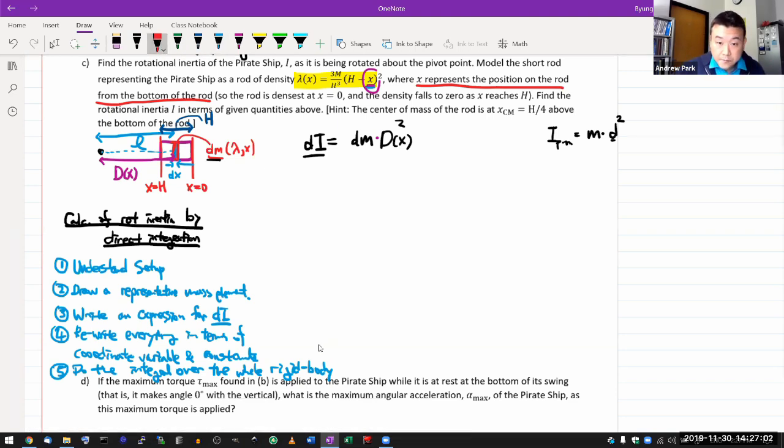So here I have two expressions that need to be expressed in terms of a coordinate variable, dm, and the distance d. The dm is the easier one. You kind of get it from the definition of density. So density is the mass per length.